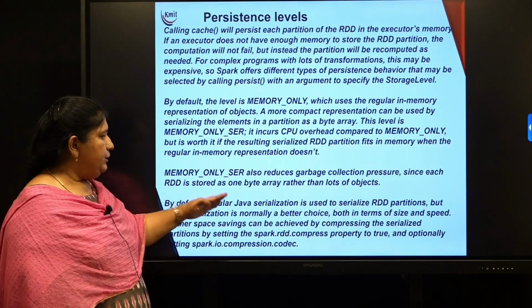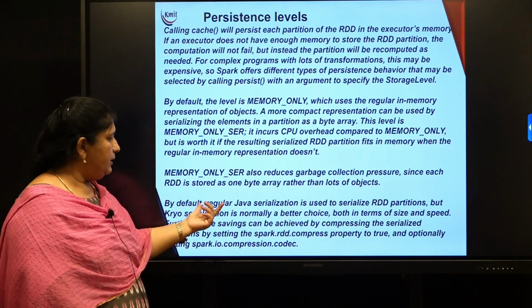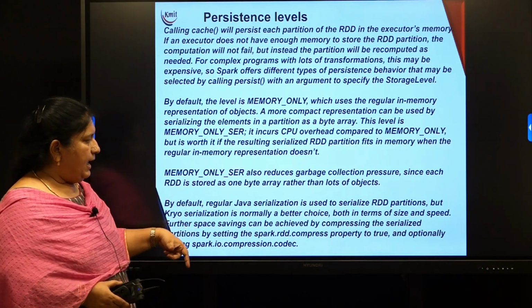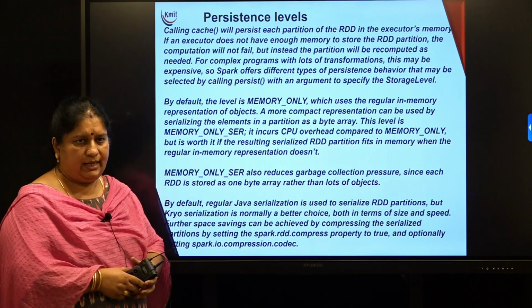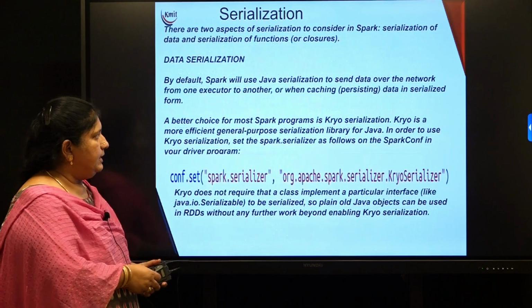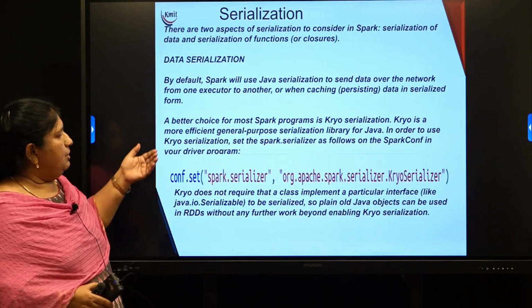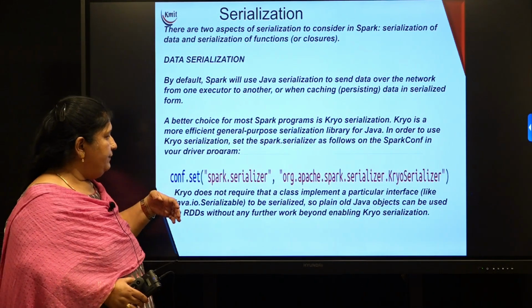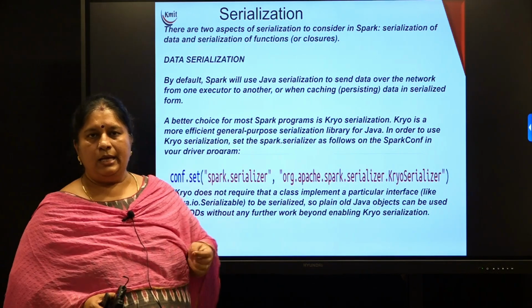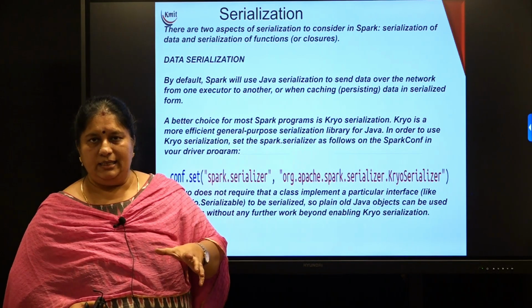By default, it goes for Java's regular serialization mechanism. If you are not happy with the Java serialization mechanism, Spark provides something called Kryo serialization. If I am working with Java serialization, I need to implement the Serializable interface.